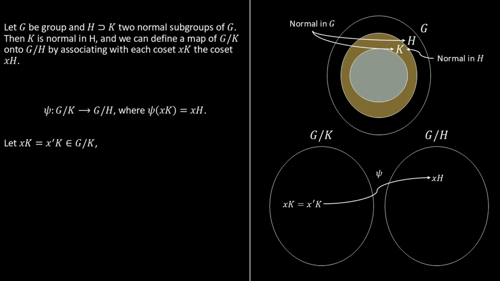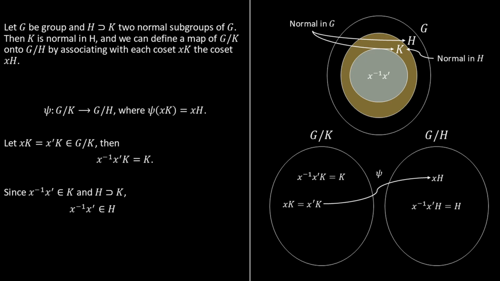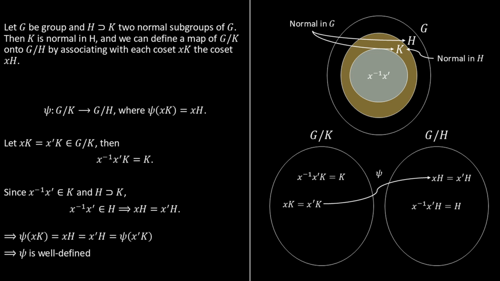Let xK equals x prime K in G mod K, then x inverse x prime is in K. Since x inverse x prime is in K and H contains K, x inverse x prime is also in H, therefore xH equals x prime H. This implies that psi of xK equals xH equals x prime H equals psi of x prime K, and hence the map is well defined.